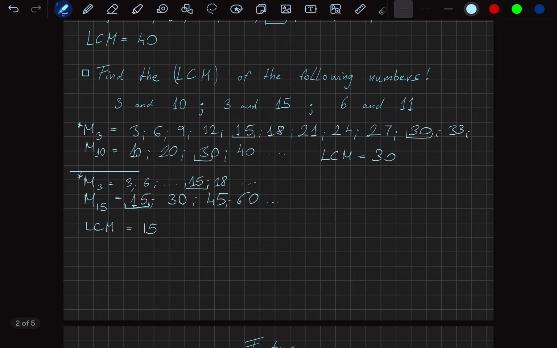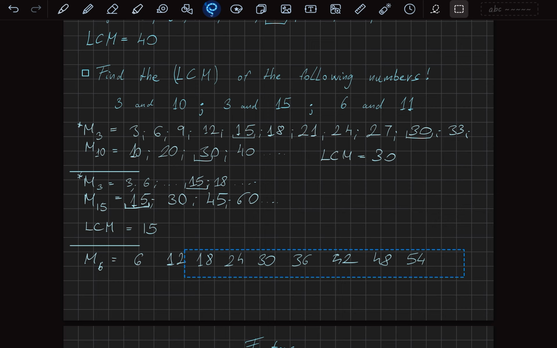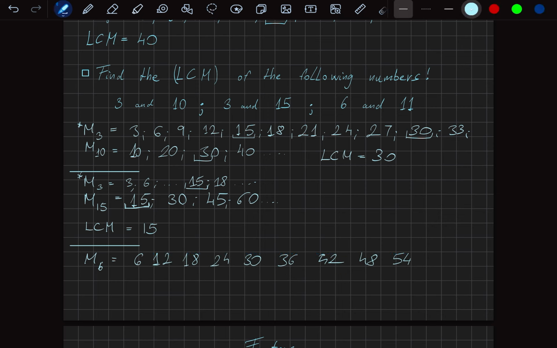And 6 and 11. Multiples of 6, I will start with 6: 6, 12, 18, 24, 30, 36, 42, 48, 54. I will make a little space. 60, 66, 72.